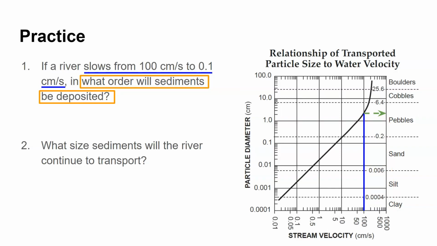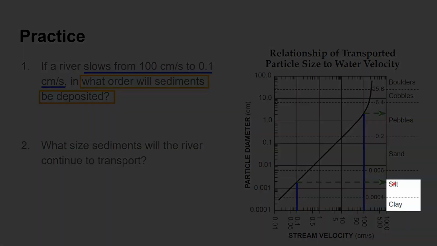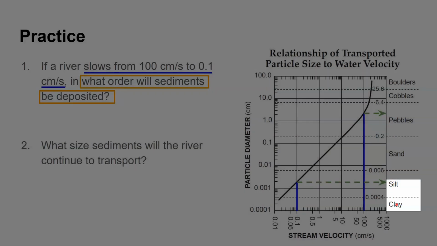But we also know that the river slows down significantly to 0.1 centimeters per second. So we start here, but then we slow the river down until we get to 0.1 centimeters per second. We draw a line over to figure out what sediments are still being carried. We are still carrying silt and clay.